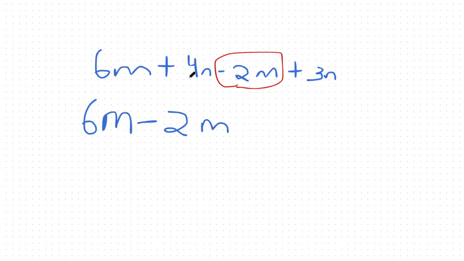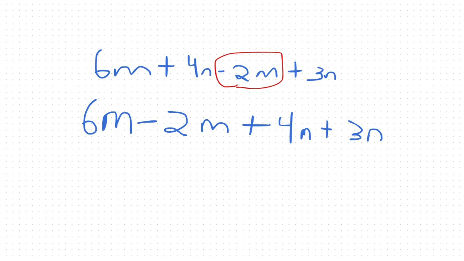Okay, then we have 4n. So we have plus 4n. That ever tricky n term is about to get me. So then we have 4n plus 3n. So now we reorganize this equation. These two are equivalent.